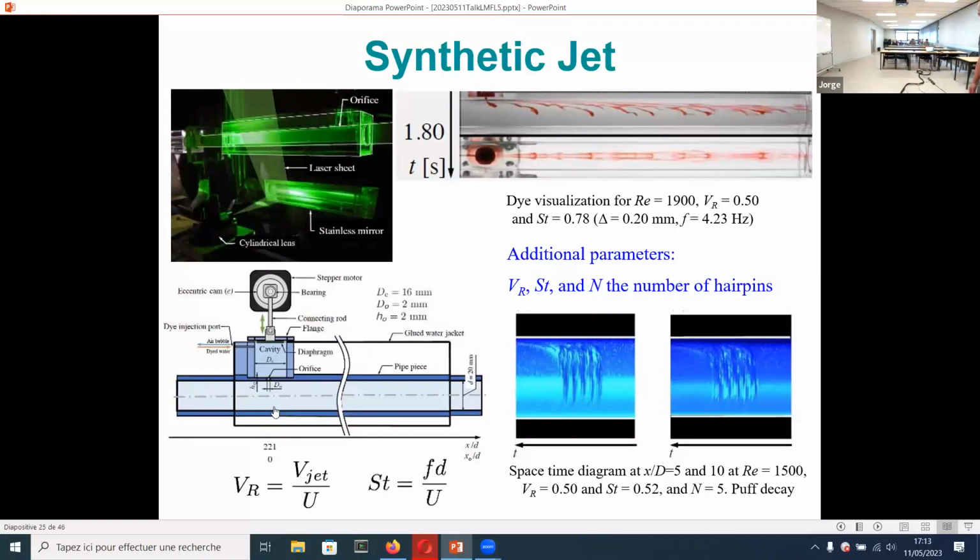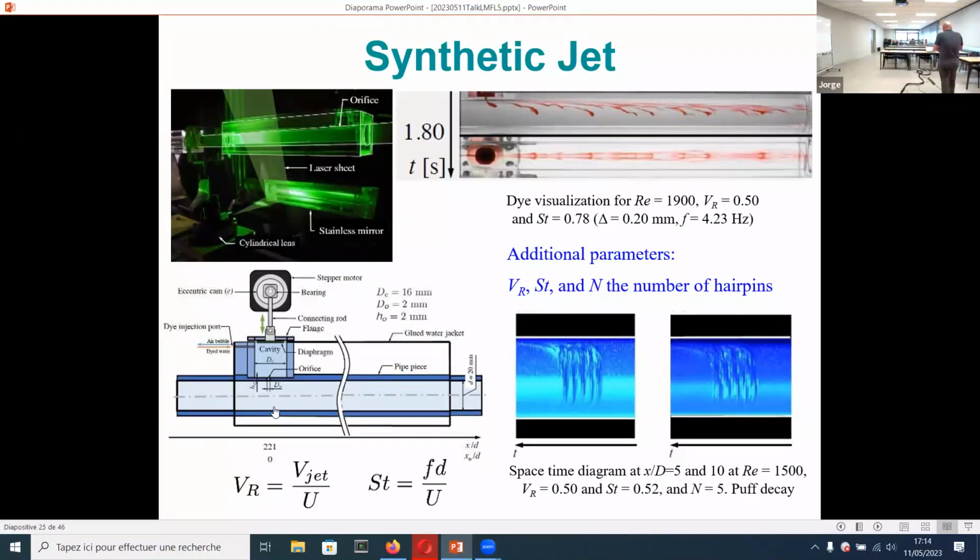You calculate the velocity of the jet divided by the mean flow of the pipe, and then as you do oscillations, you need to make a dimensionless number with the frequency of the oscillations. So we call it St, or Strouhal number, if you like. And of course, all the experiments are done with a certain eccentricity, a certain displacement of the connecting rod.